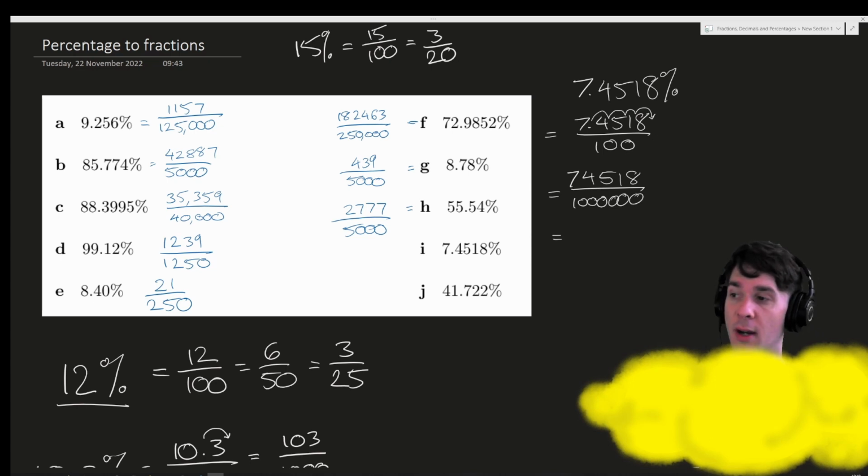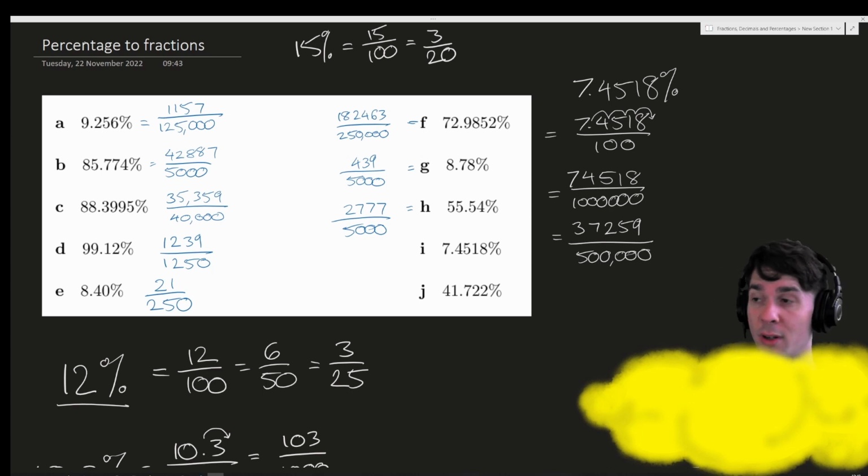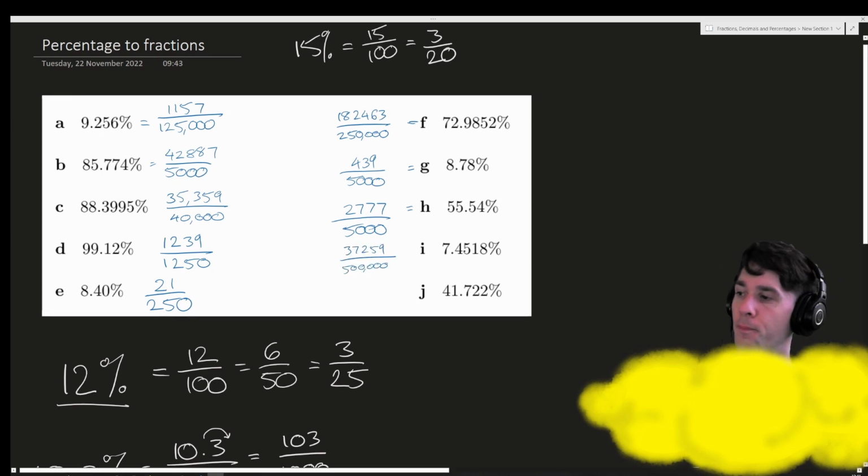Now we can divide by 2. That's going to give us 37,259 over 500,000, and that's as far as we can go. We're done.